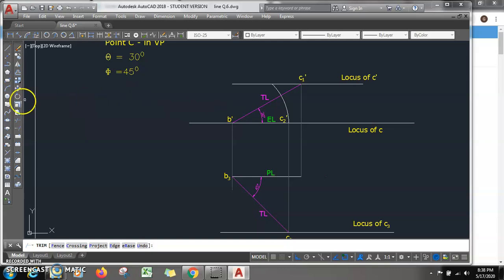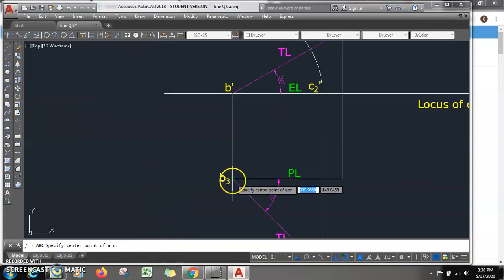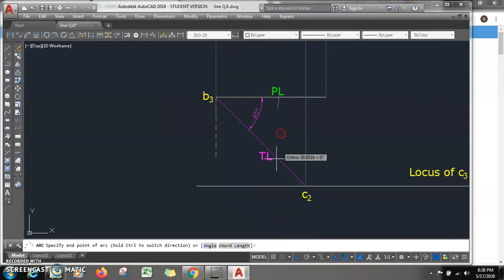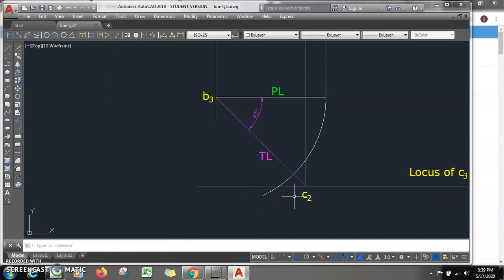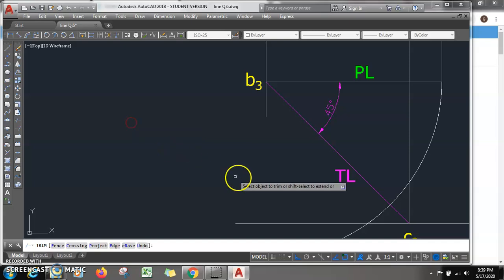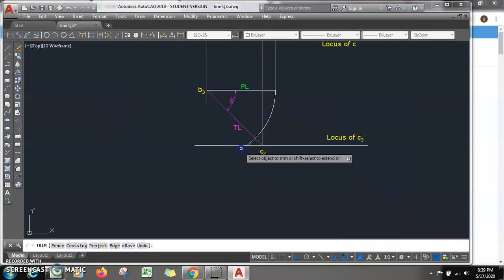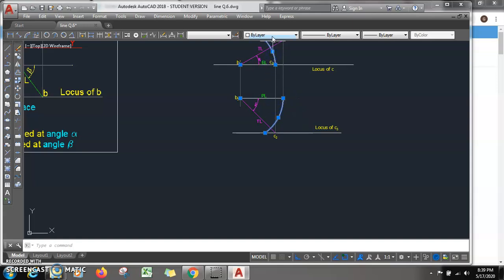Similarly, take arc, center. This is the center, this is the start, and you see, press Control. Okay, this will come here. The excess you can trim.